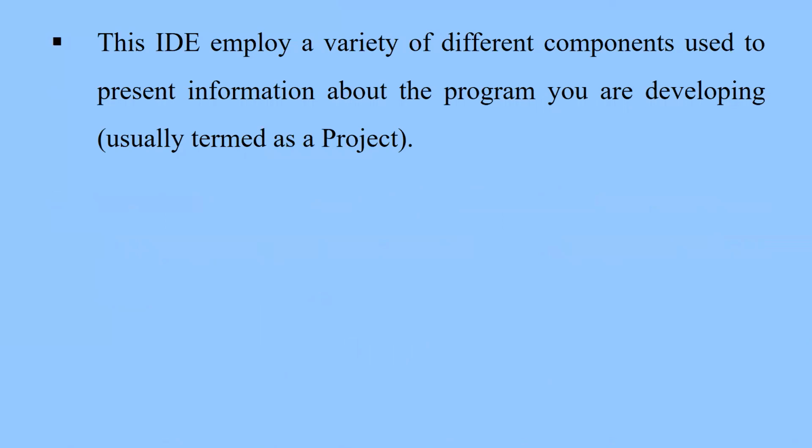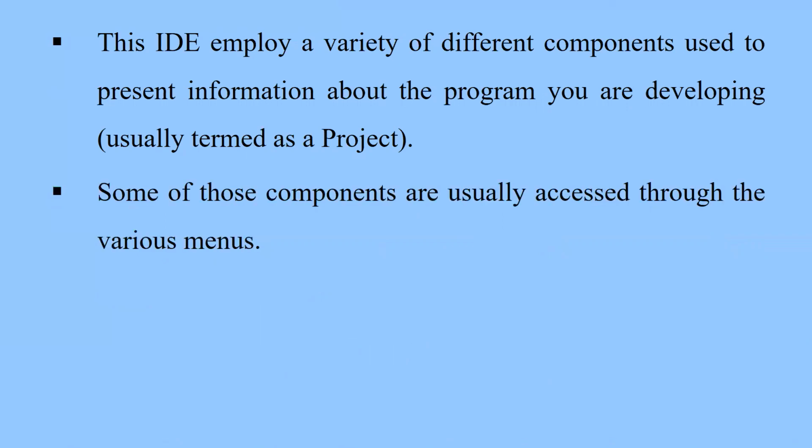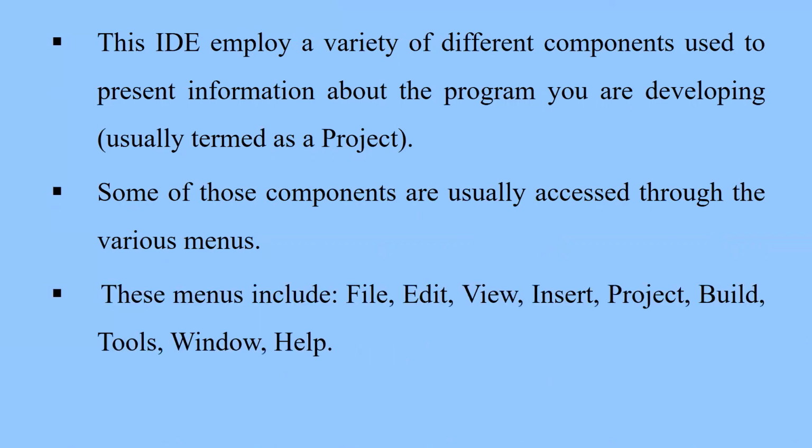This IDE employs a variety of different components used to present information about the program you are developing. It is usually termed as a project. Some of those components are usually accessed through various menus. These menus include File, Edit, View, Insert, Project, Build, Tools, Window, Help.